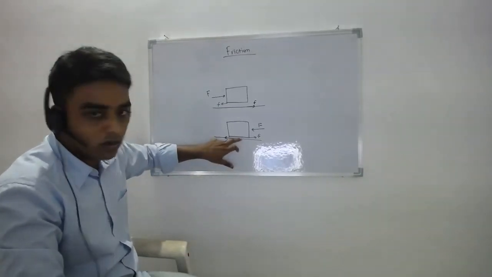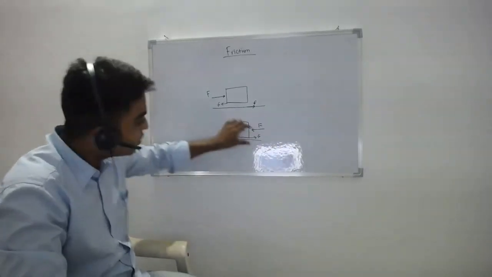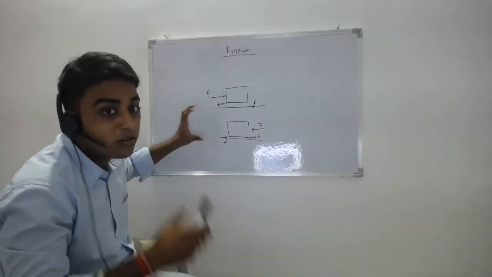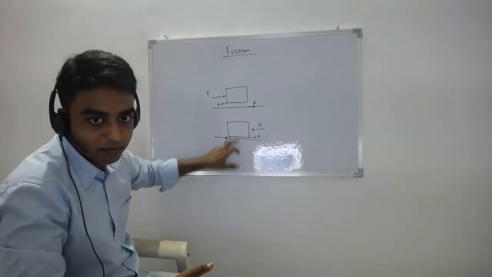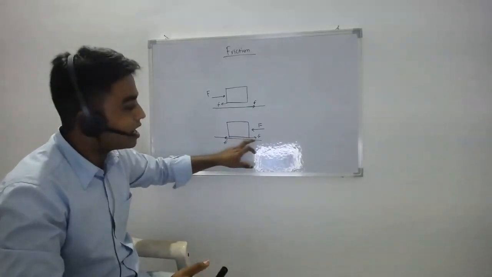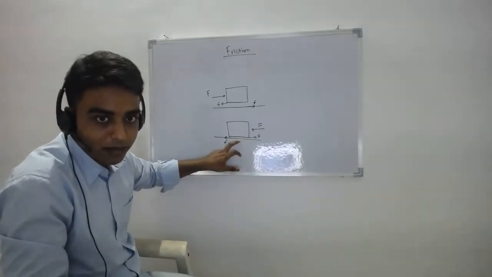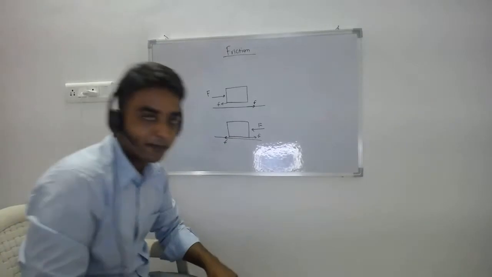We'll apply the force on the surface of the object in the right hand side direction. When it's moving forward, friction does not want there to be a relative motion. So that's why the friction will act in the right hand side direction, and at the same time on the surface of the ground, friction will be acting in the left hand side direction.